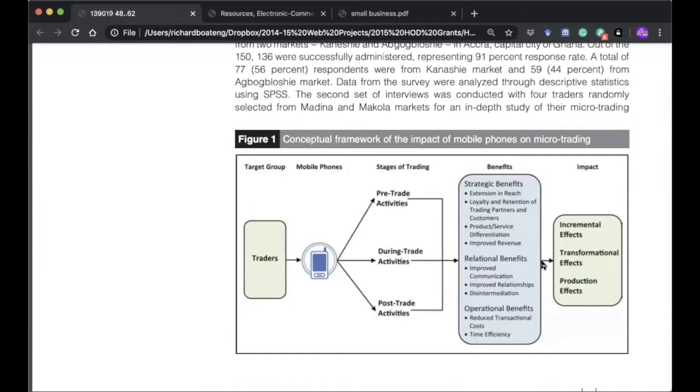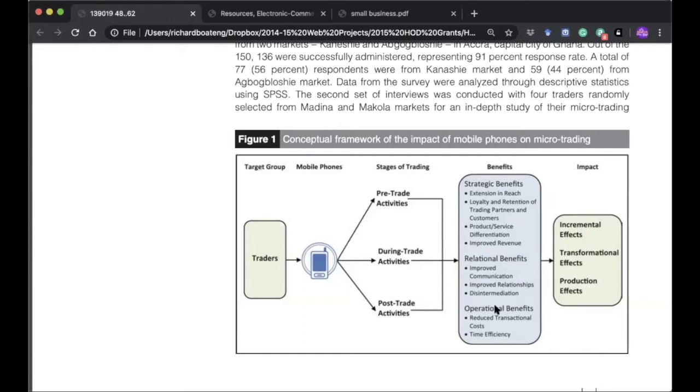Now, what the author did here is start with transaction cost theory and then apply it to mobile phones and micro trading, and came up with this conceptual framework, which was going to be used to study the phenomenon. Do you understand that? In that scenario, he postulated that mobile phones will be engaged in three types of activity in trading: pre-trade, during trade, and post-trade.